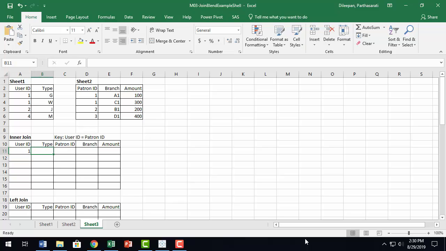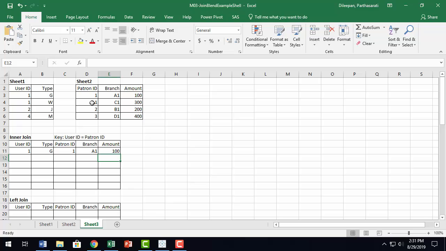That would be type G, pattern ID 1, branch A1, and amount 100. So, that one looked at the first record, match included, because the key is present in both the left and the right table, and then move to the next one.